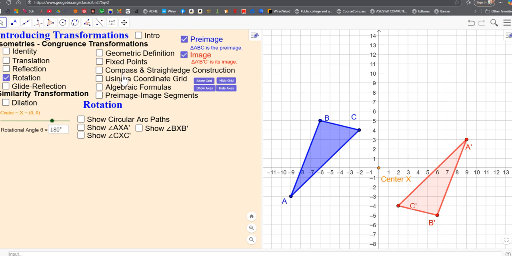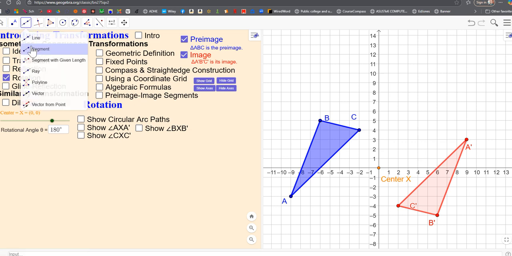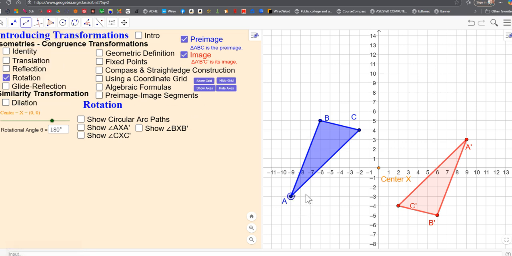One thing that's interesting here is if we connect up pre-image to image points, they're going to go through the center of the rotation in this case, and notice that that gives us a 180-degree rotation. Okay, so notice what's happening here.